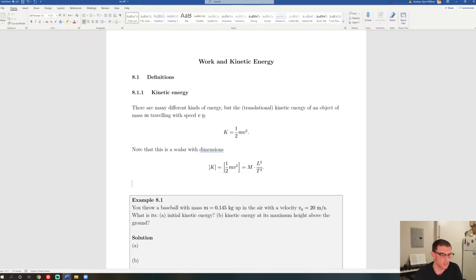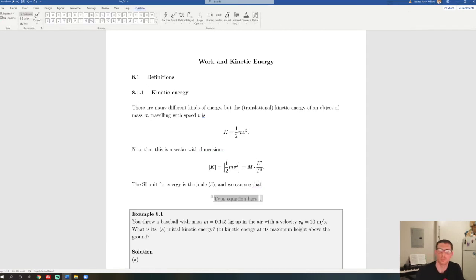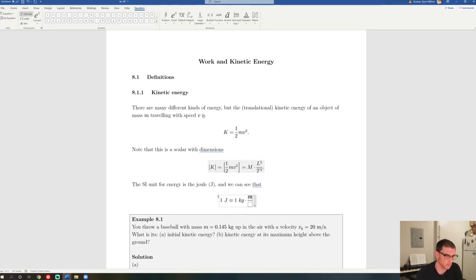The SI unit for energy is the joule. I don't think I'm supposed to capitalize it, even though it is, or was, somebody's last name. And we can see that, if we just put our base units into the dimensional form here, we find that 1 joule is defined to be 1 kilogram meter squared per second squared.